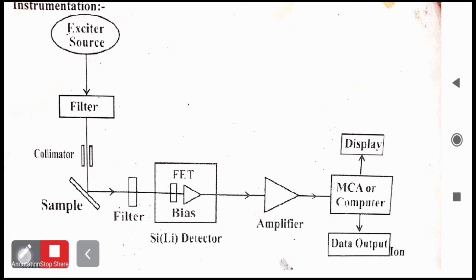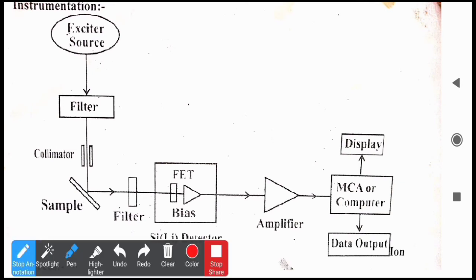We need to simply draw the block diagram for this technique. The exciter source is the primary source, which is generally a duoplasmatron or a cesium ion source that we have already seen in secondary ion mass spectrometry. The same type of source is used because here we use particles for the primary beams.